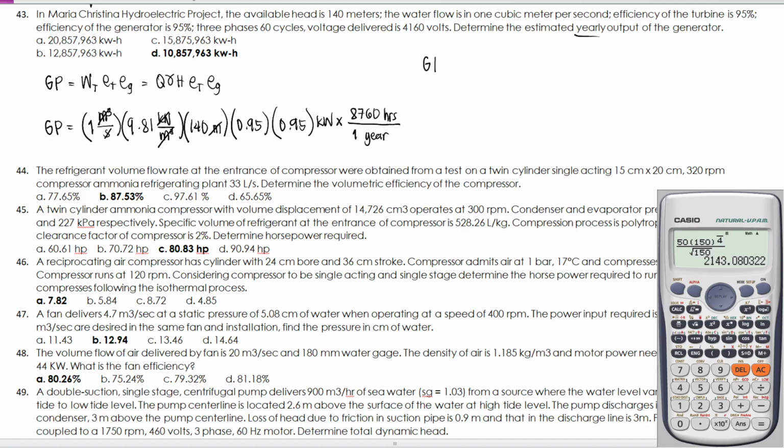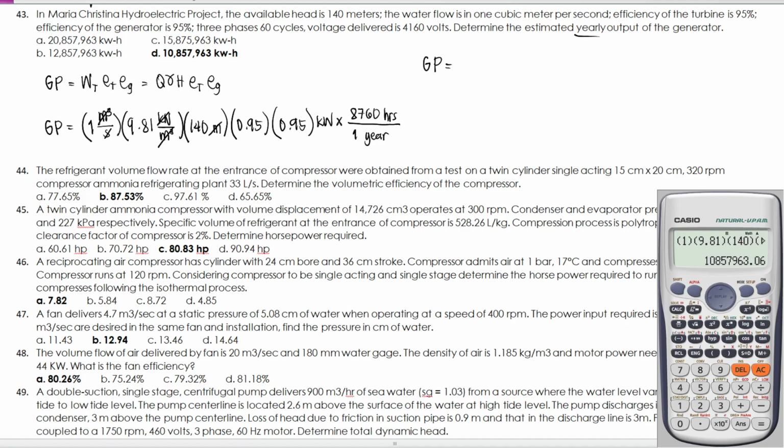Okay? So, substitute or calculate lang natin. Q is 1, gamma is 9.81, H is 140 times efficiency. Okay? Then multiply nga lang natin to 8,760.